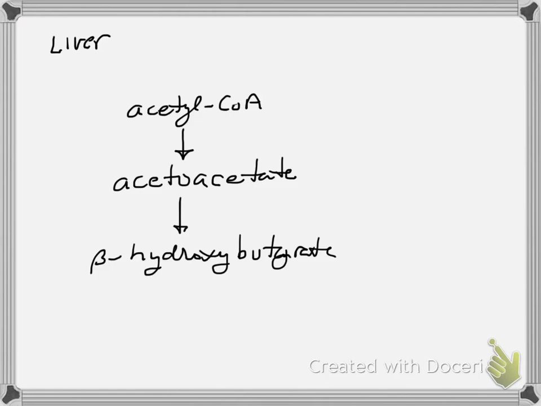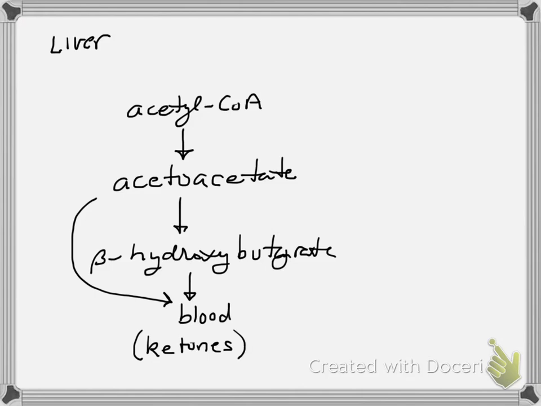Once the beta-hydroxybutyrate is formed, as well as the acetoacetate, both of these can exit the liver and enter the bloodstream. And these are our ketone bodies. These ketones, now that they are in the blood, can go primarily to the brain and, of course, our friend skeletal muscle, which will use any fuel sources available.